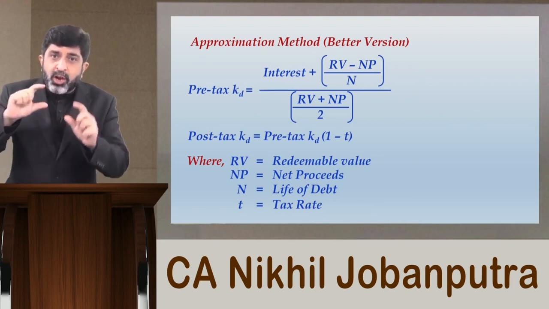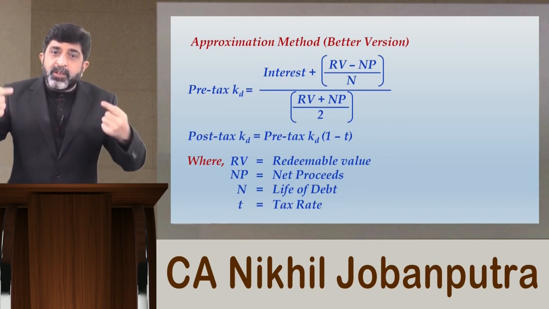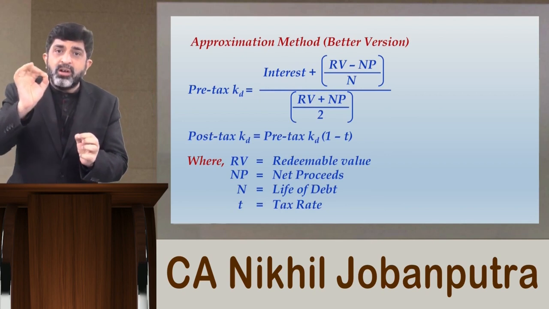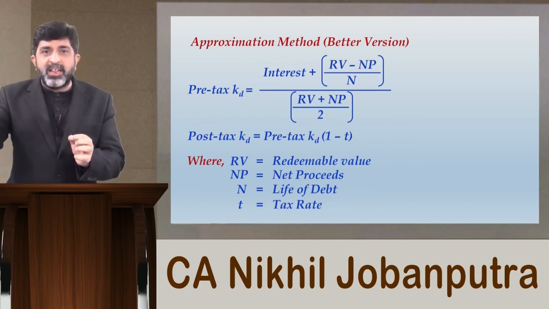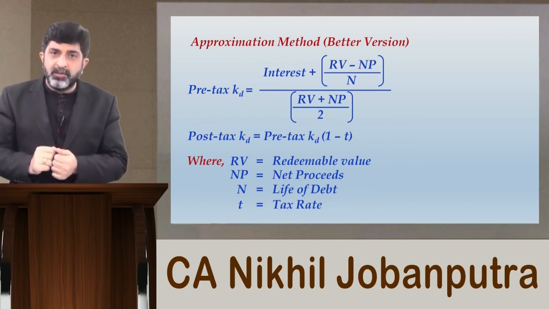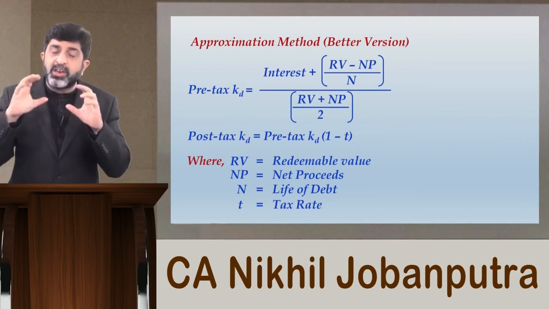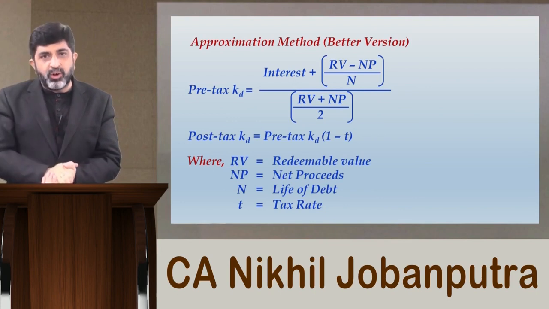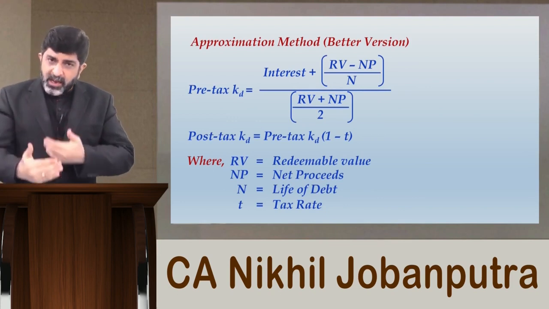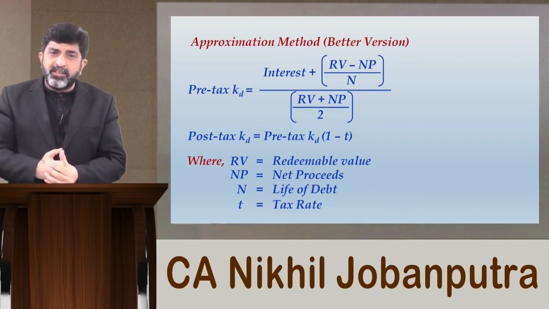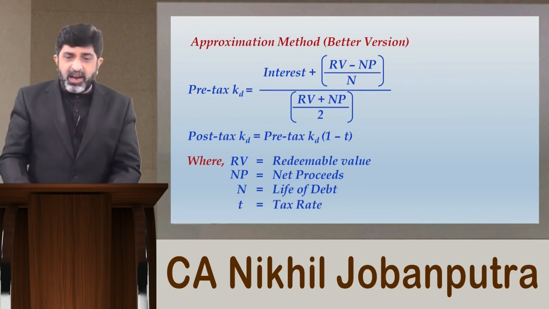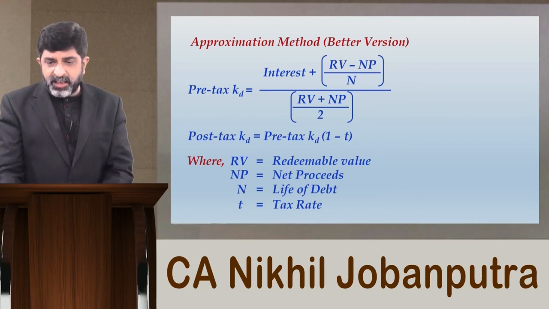When they come to the concept of cost of debt, the first thing they write in their book is the wrong approach of determining cost of debt, and they give this formula. And then they mention what is the correct approach, and the correct approach is nothing but the yield to maturity concept. Anyway, we are about to learn that yield to maturity concept also. So just pay attention on the screen. I'll take you ahead and explain the same over here.